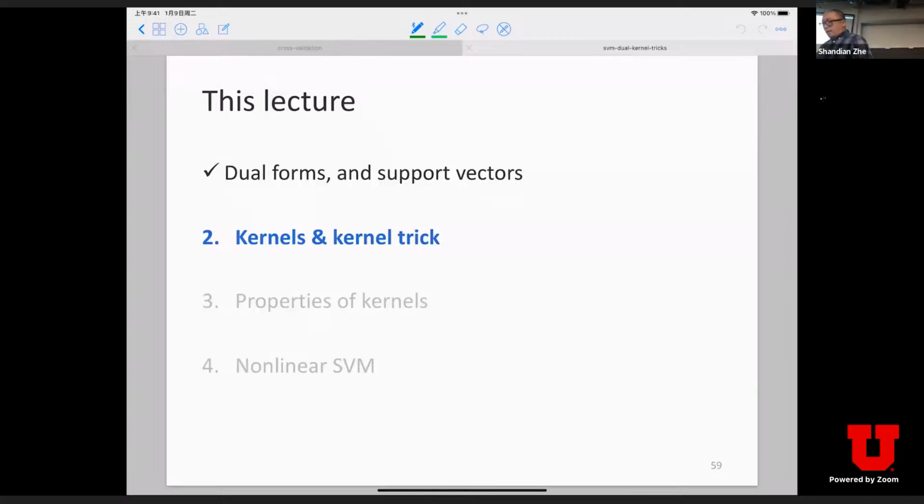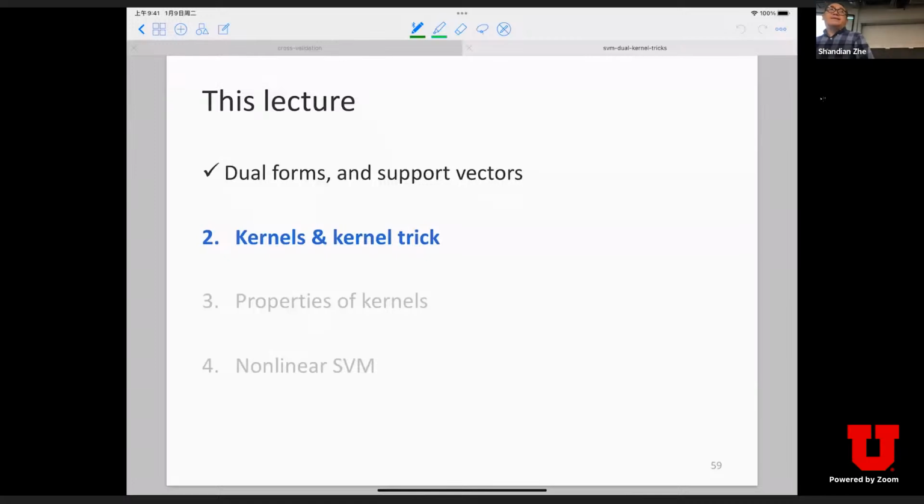Okay, so let us continue with the kernels and kernel trick. In the last lecture, we finished the introduction of the dual form of SVM. There's a pretty lengthy logic chain about how to derive the dual form. Basically, the idea is to construct a primal form for the dual with the Lagrange function.